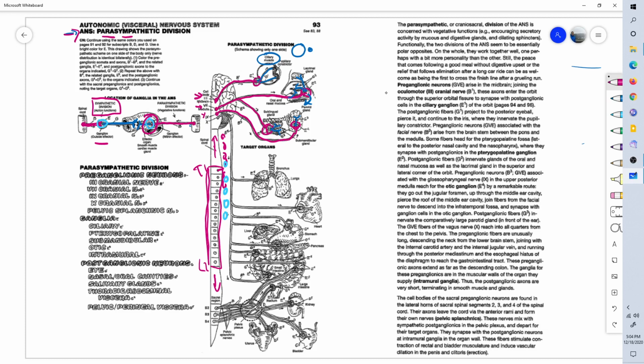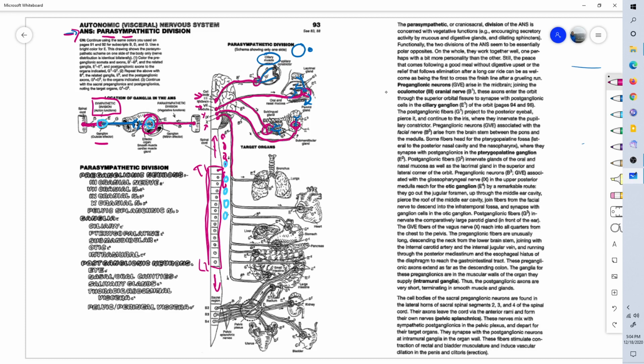Next is cranial nerve number 10. Cranial nerve number 10, with its cell bodies that lie in the medulla oblongata. And it's a very important nerve. It's called the vagus nerve. Very long. Look at the path it takes.